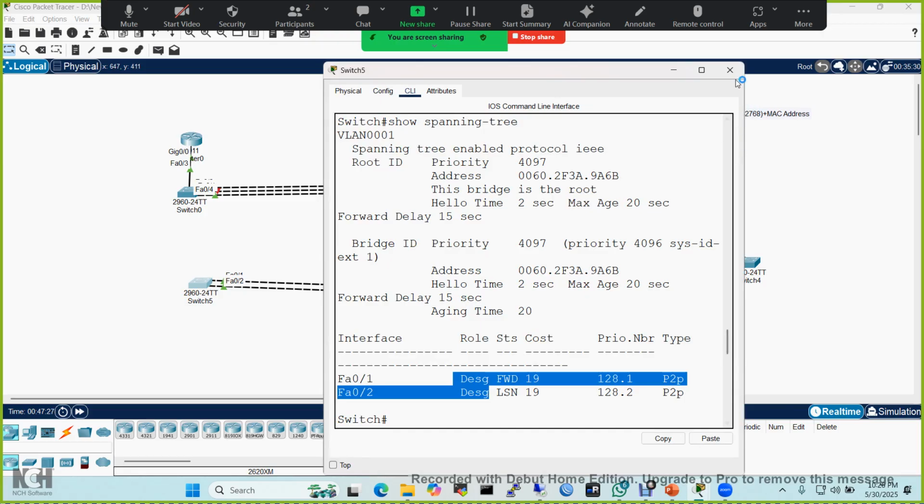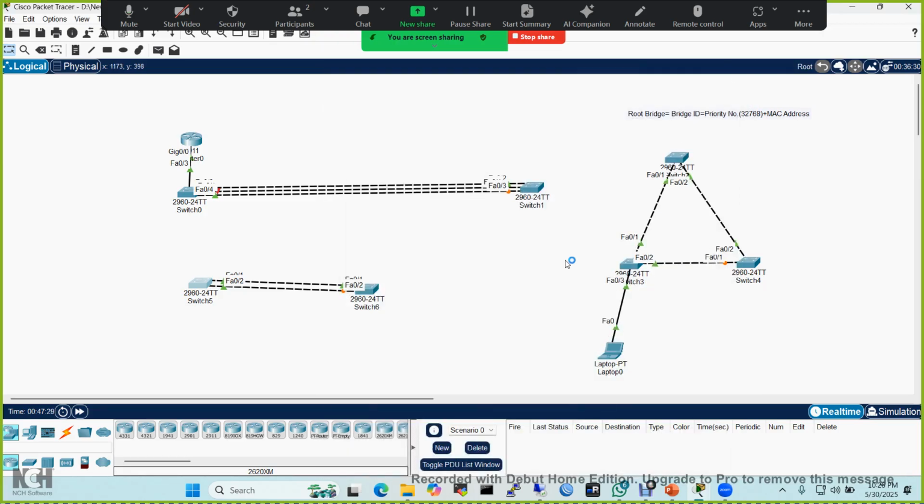Now you have got the point: which port will be designated? The root switch, all the interfaces of the root switch.